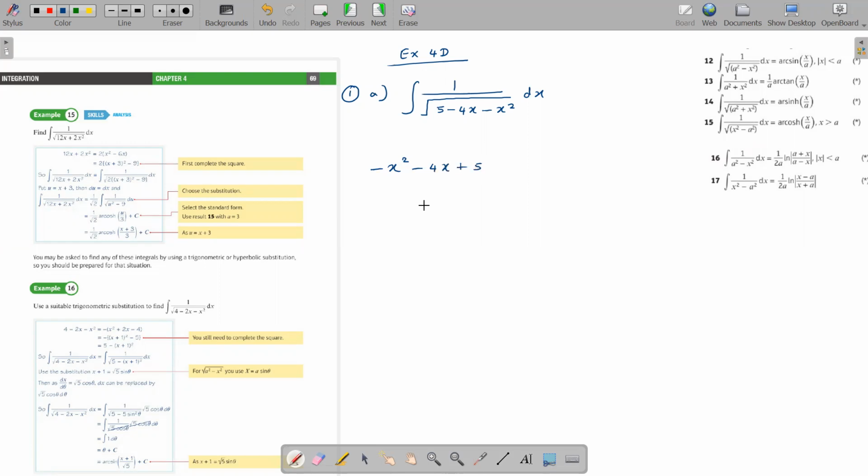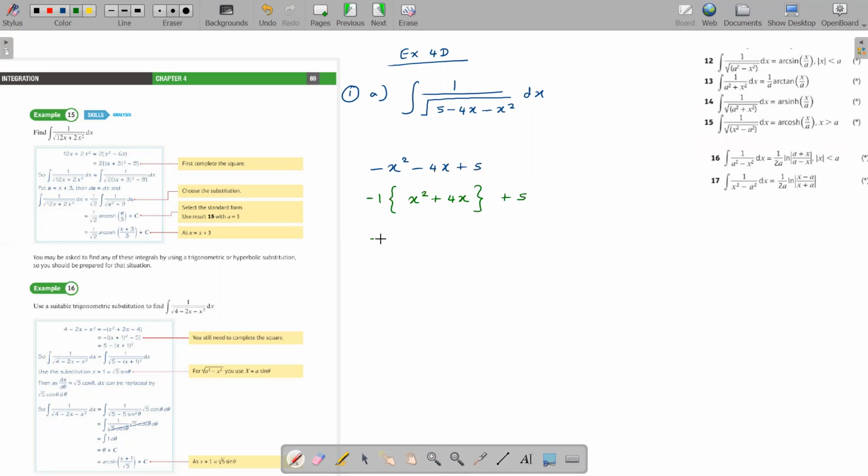Can you all complete the square for this? So firstly, in completing the square, the x square coefficient must be 1, right? We can't have 2x square, 3x square, minus 1x square, no. So take the minus 1 out first. When I take minus 1 out, what's remaining? I get positive x square plus 4x. Close the big bracket. Outside you have 5. I prefer to keep the plus 5 out of my completing the square.